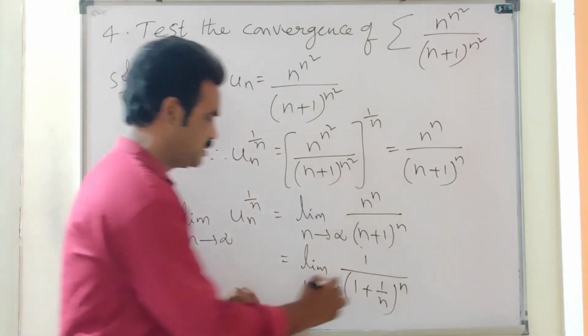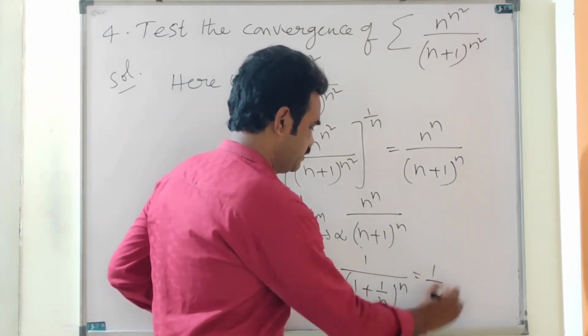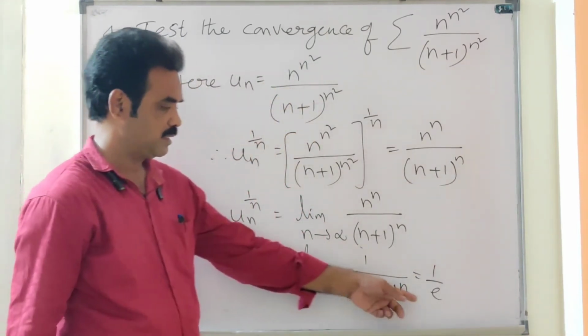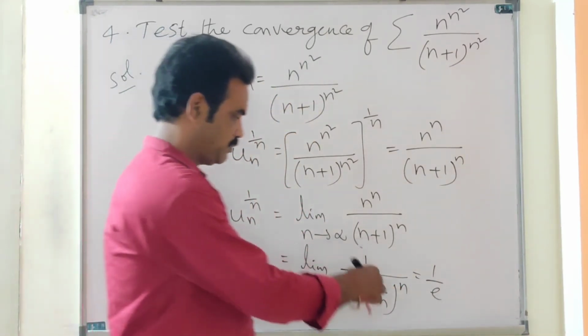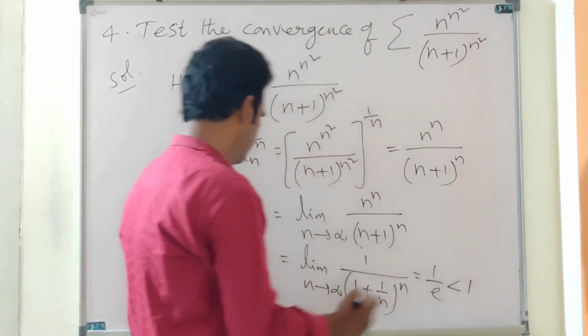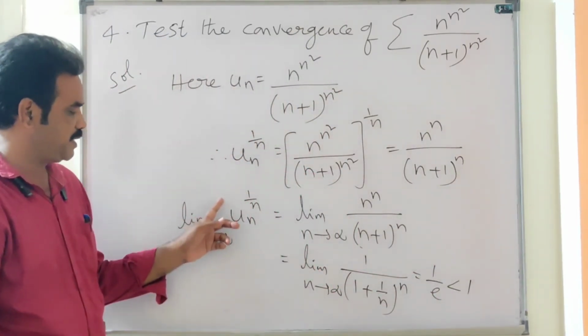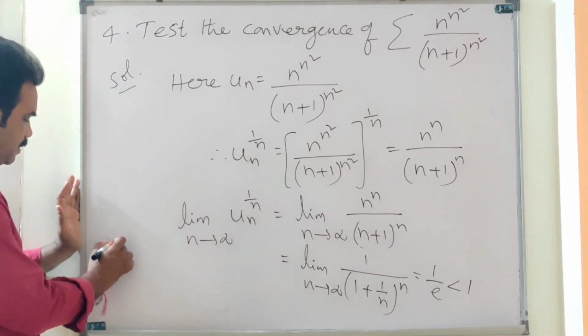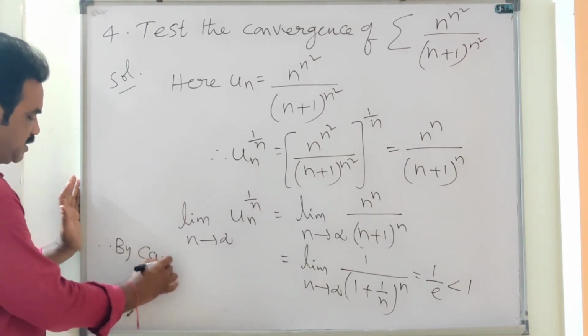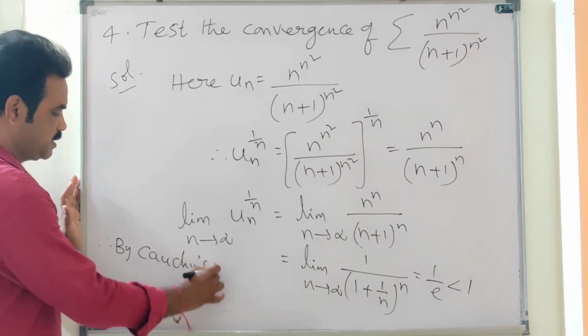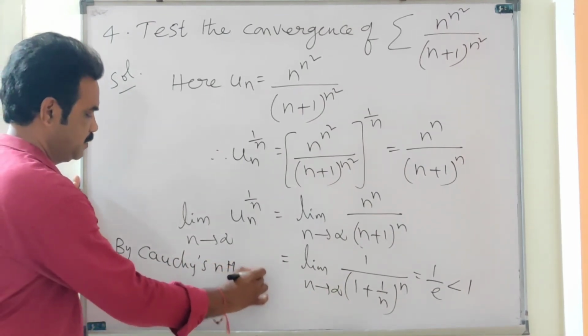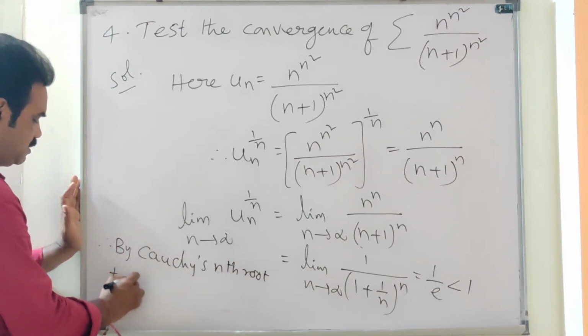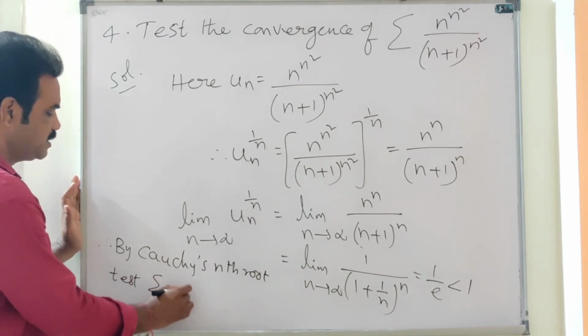This is equal to 1 by e, and you know that e lies between 2 and 3, that's why 1 by e is less than 1. The limit of un power 1 by n is less than 1. Therefore, by Cauchy's nth root test, sigma un is convergent.